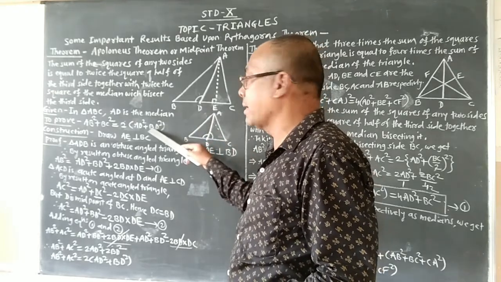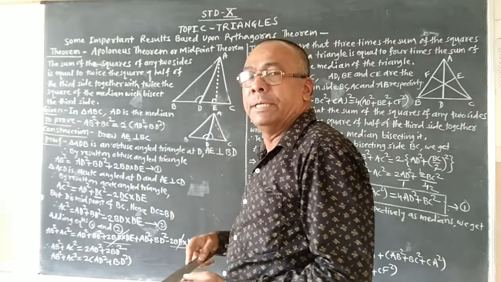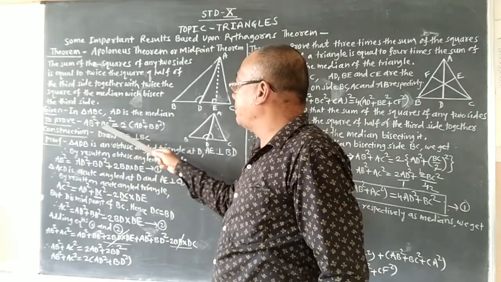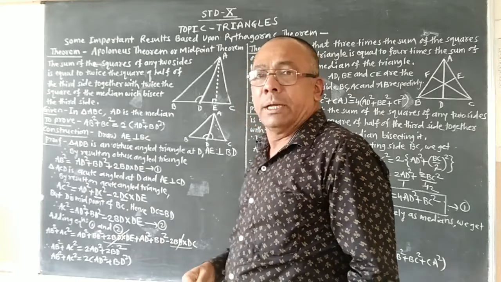Here instead we can write BD, we can write 1 half BC. So to prove AB square plus AC square is equal to 2 into AD square plus BD square.